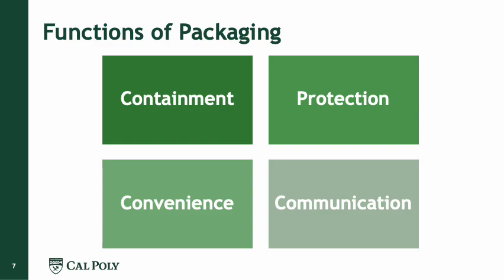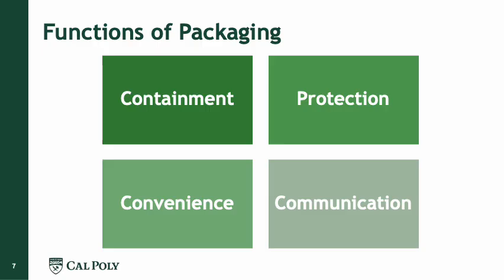It should be easy for the consumers to open and close. If we think about the cereal boxes, the same thing. The paperboard box has an easy open and close on the top. And we can think about other examples like the easy open cans or products that are easy to pour, or products that are wrapped individually and are very convenient for the consumer.